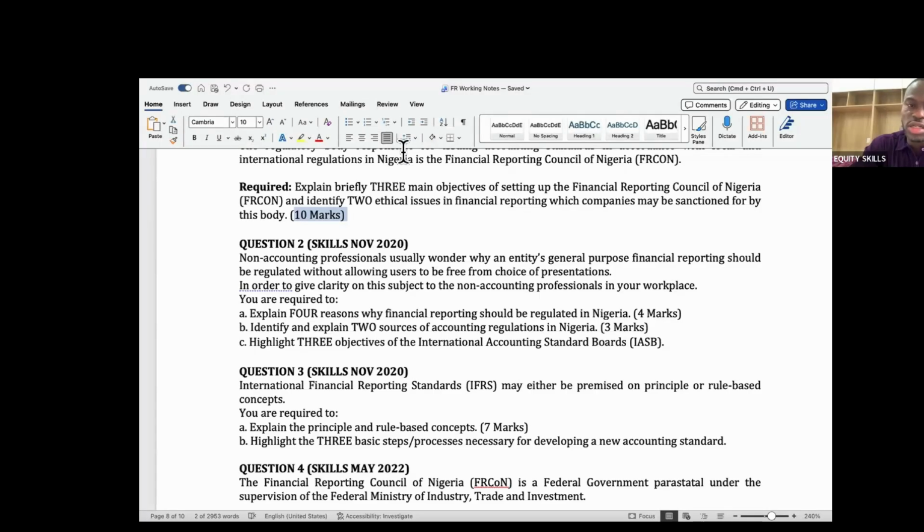Without regulation, there will not be a way for FRCN to enforce compliance with IFRS. So I've said one: without regulation, there's no way we can enforce compliance. Okay, number two, you guys can tell me. It helps entities adopt similar accounting methods. That's correct. Any other points? It promotes transparency and accountability.